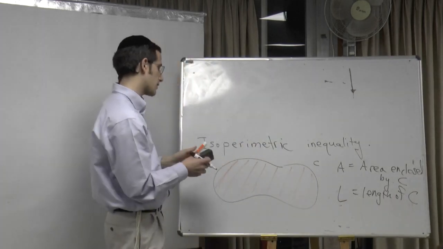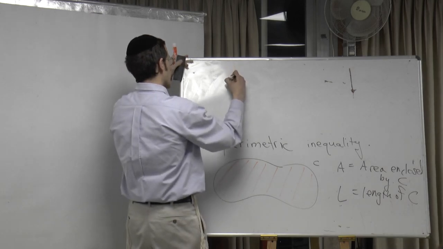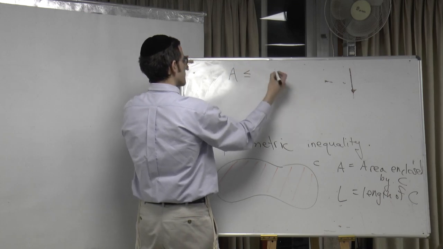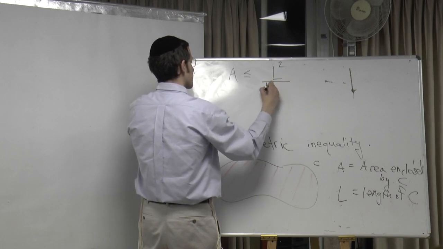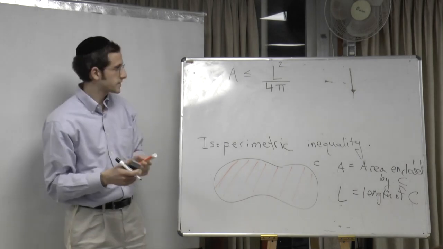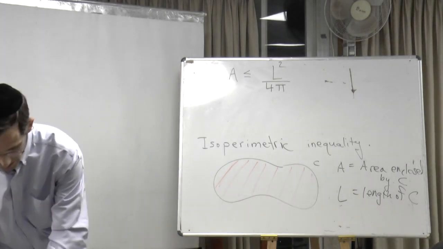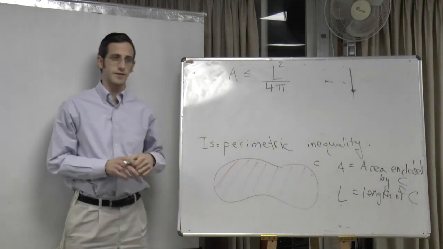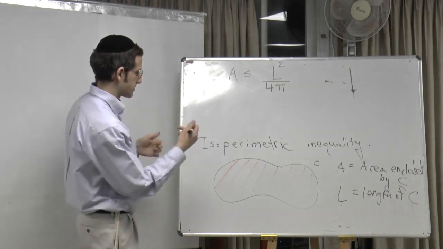The isoperimetric inequality states that the area is less than or equal to the length squared over 4 pi. So that's the isoperimetric inequality. It goes back to the ancient Greeks, who perhaps thought of it, but it was not really proved until not so long ago.